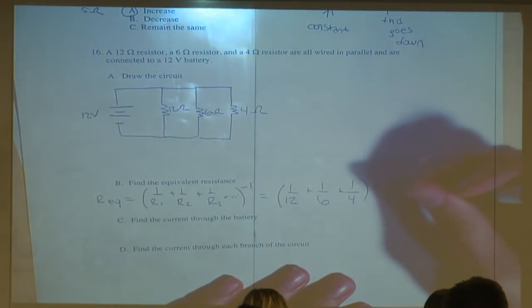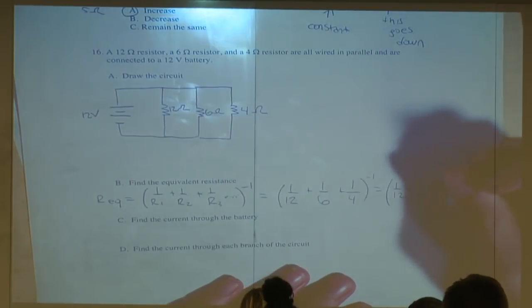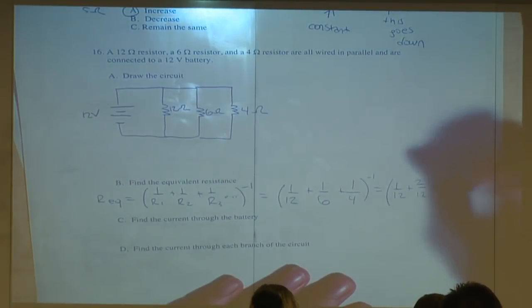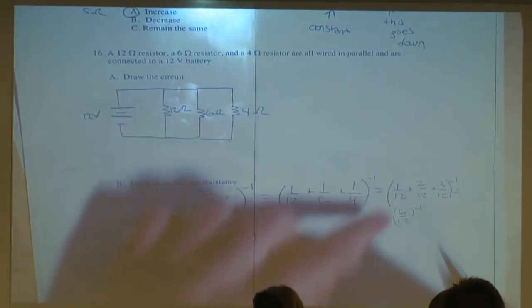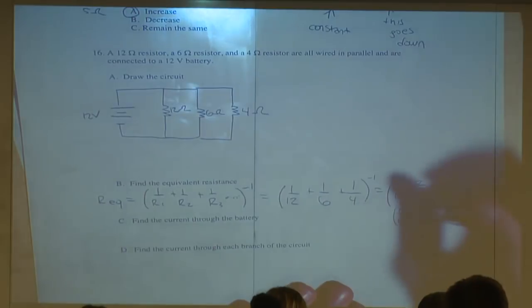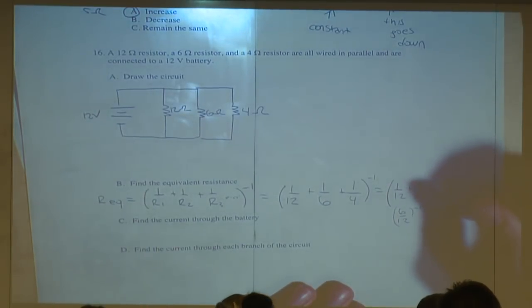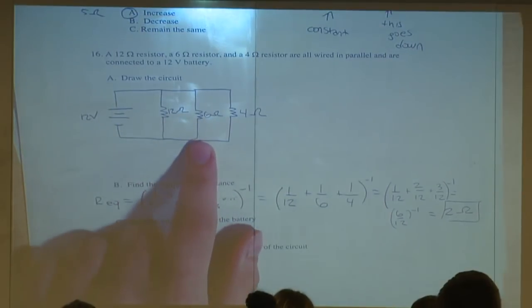So it's going to be 1/12 plus 2/12 plus 3/12, to the -1. That'll end up being 6/12 to the -1. And then if you just flip that, because that's all the -1 means, 12 divided by 6 would be 2. So your equivalent resistance would be 2.